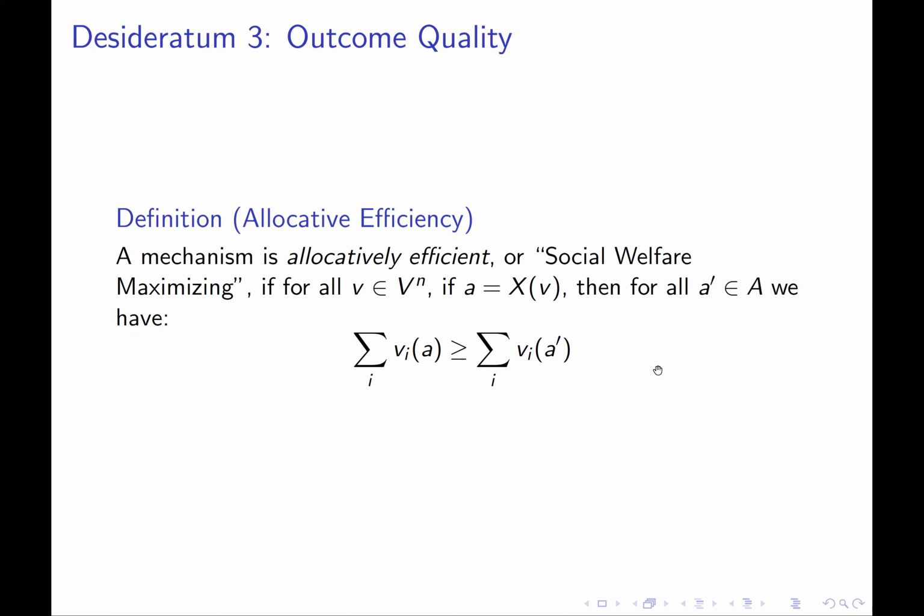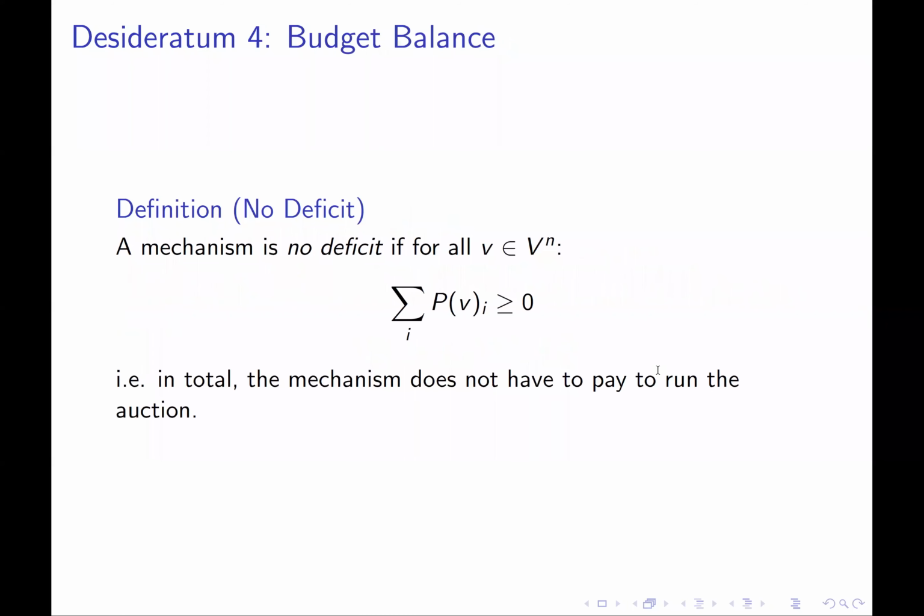Okay. So we want our mechanism to choose a good outcome. Finally, we've already asked that our mechanisms be safe to participate in. We've already asked that they be dominant strategy truthful. We've already asked that they be allocatively efficient, that they come up with good outcomes.